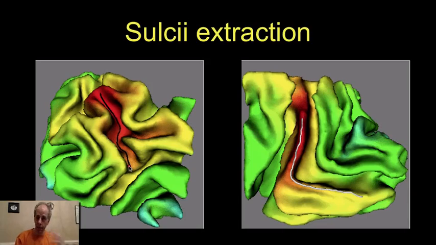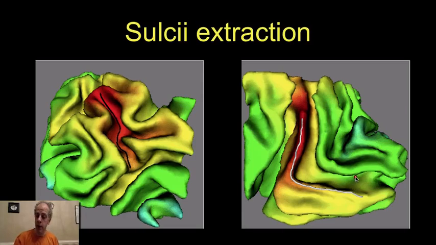And for many reasons in neuroscience, these curves are extremely important. So here is a challenge for image processing in 3 dimensions, how to automatically compute these sulci curves, not for a particular medical problem or medical application, but for a basic research, basic science, basic neuroscience question.